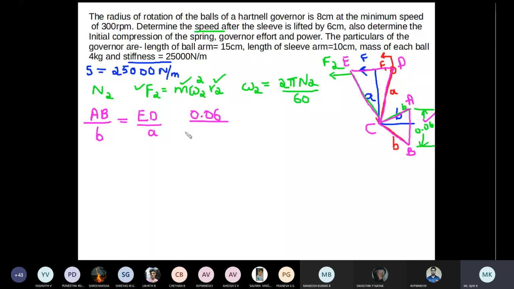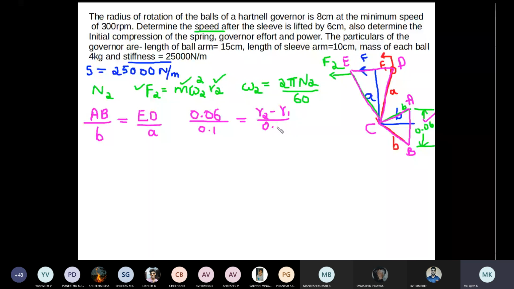So 0.06 divided by 0.1 is equal to ED, which is R2 minus R1, divided by small letter a, which is 0.15 meter.